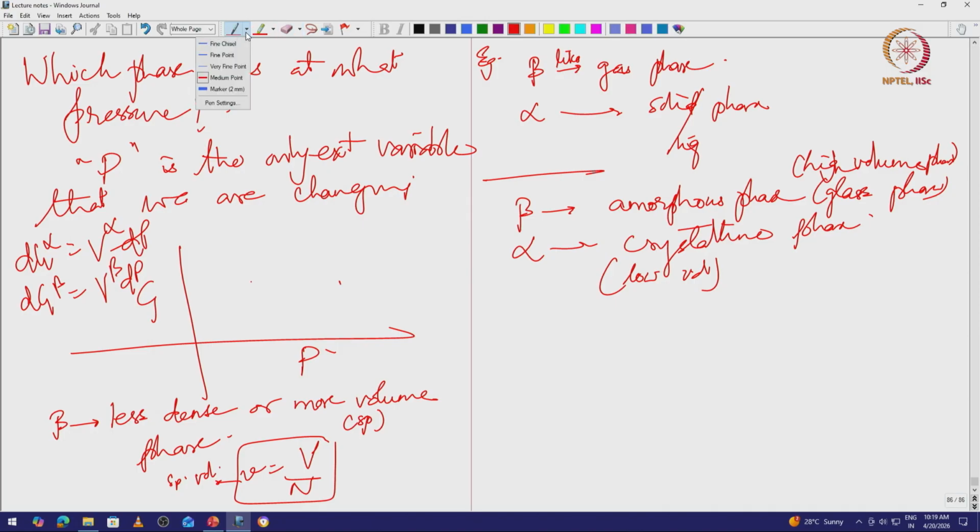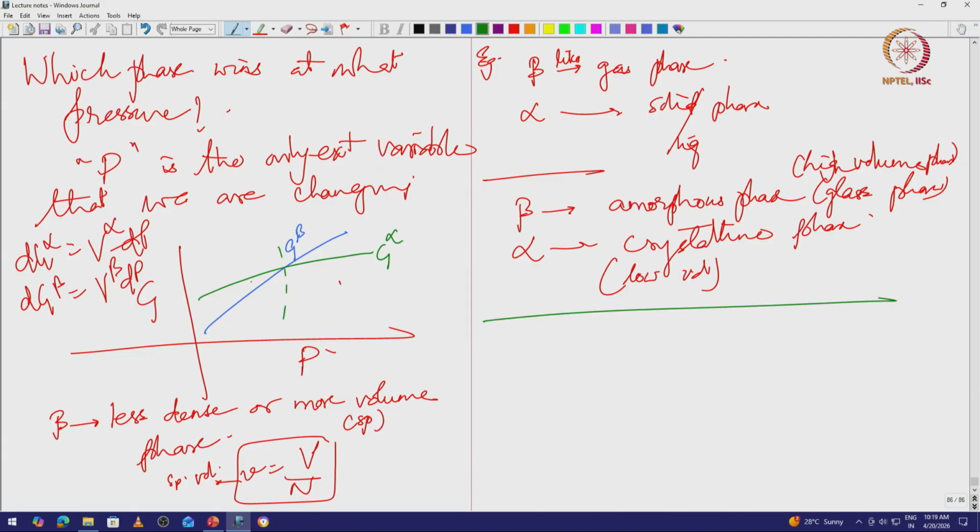Let me change the color otherwise. So, let me use this color. G beta comes up with a higher slope and G alpha comes up with a lower slope because it is a low volume phase, and you can see that at low pressures, this is my equilibrium pressure, right. At P less than P equilibrium, G alpha is less than G beta, so alpha wins, okay.